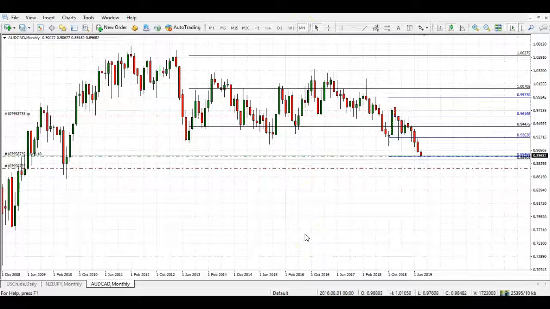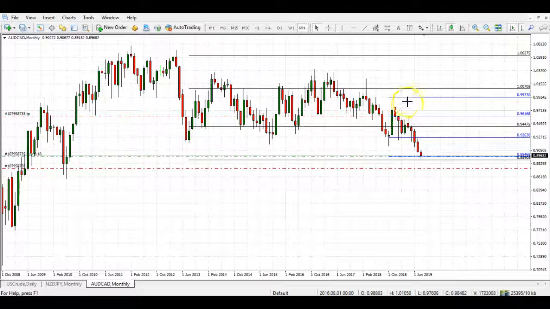And this is a classic situation where you have perfect alignment between two different setups. One belongs to the long-term cycle, the black one, from the monthly chart. And the second is the blue setup here, which basically represents the medium-term cycle, right?